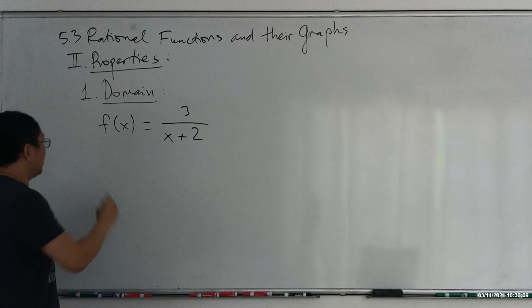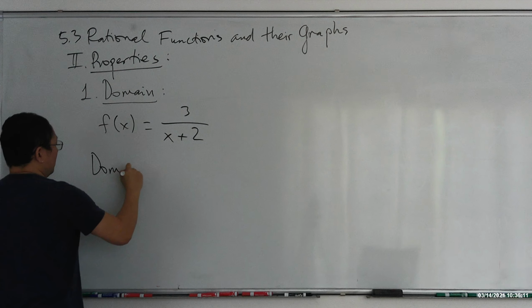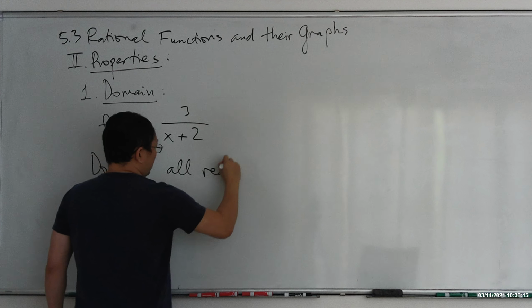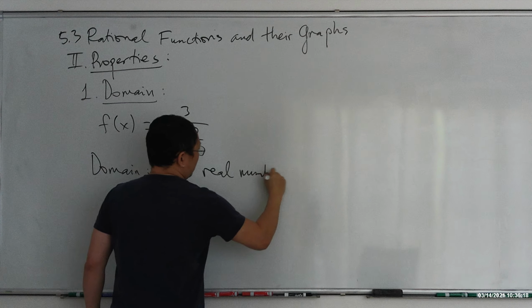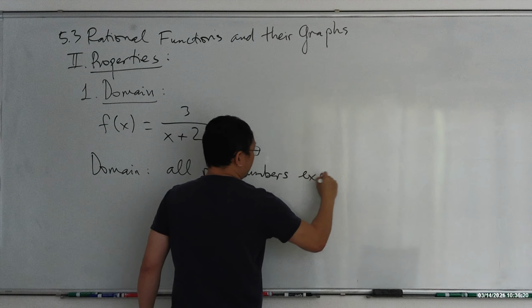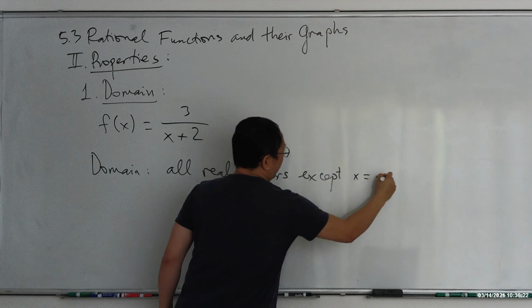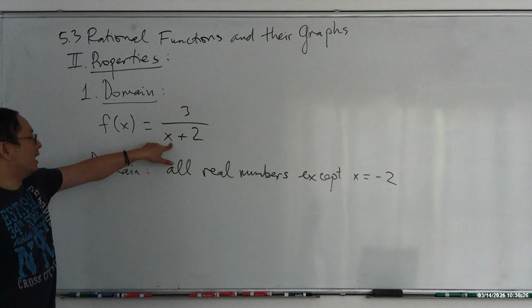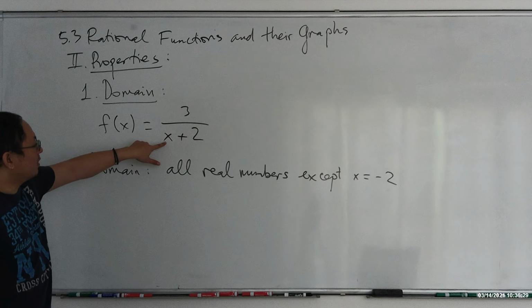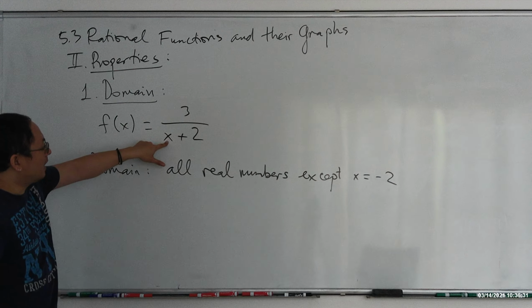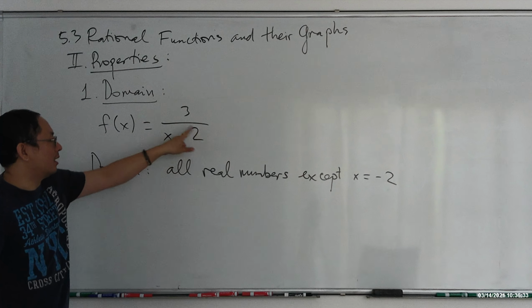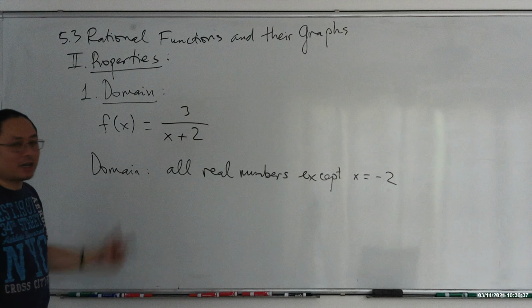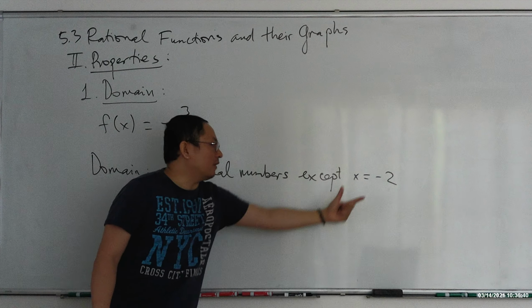The domain of this is all real numbers except x equal to -2. You guys see why we don't include -2 as part of the domain? Because when x is equal to -2, -2 plus 2 makes q of x equal to 0. And then you have 3 over 0, which makes the fraction undefined. So everything except for -2.